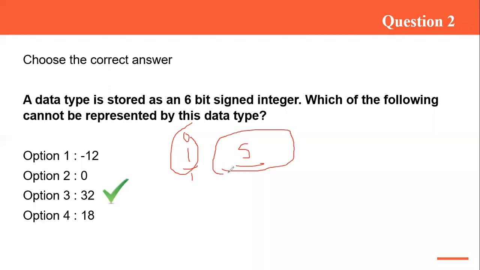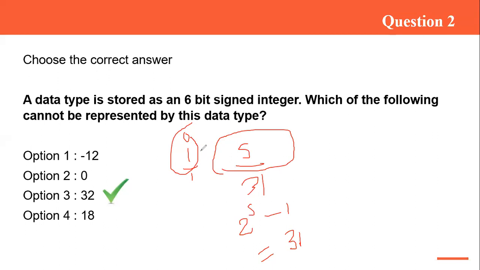So we have only 5 bits for storing the number, and 1 bit for the sign. That is done. So with 5 bits, what is the maximum number you can represent? 2 power 5 minus 1. 32 minus 1. That means 31. So 31 is the maximum number you can represent using 6 bits of signed integer.